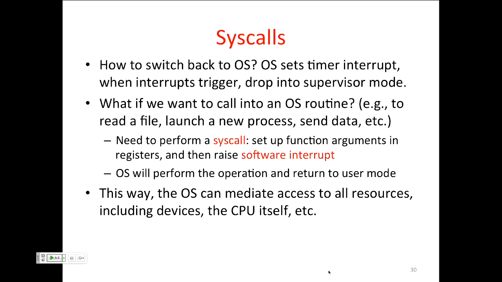And a software interrupt is basically like any other interrupt in that it jumps into the handler that's registered for that kind of interrupt and jumps out of user mode. So by raising a software interrupt, you leave your current application and you jump into the handler that your operating system has registered. And that handler then can basically do whatever it needs to do to handle that syscall and afterwards jump back to the application.